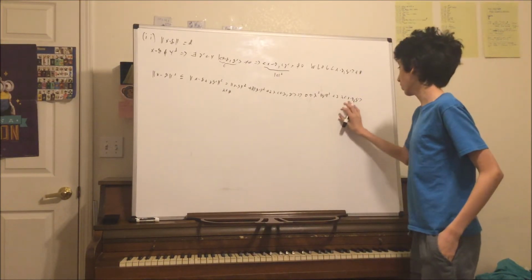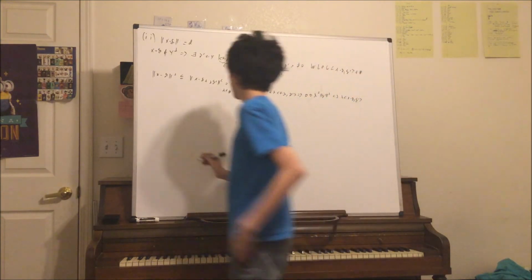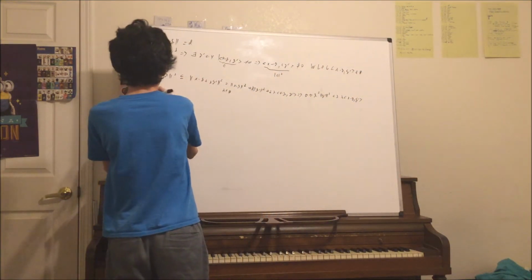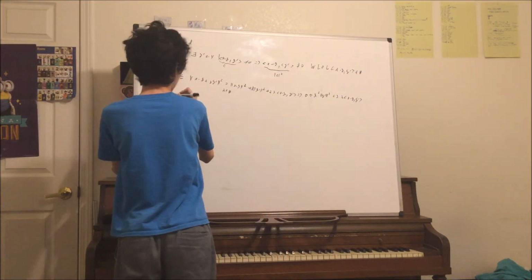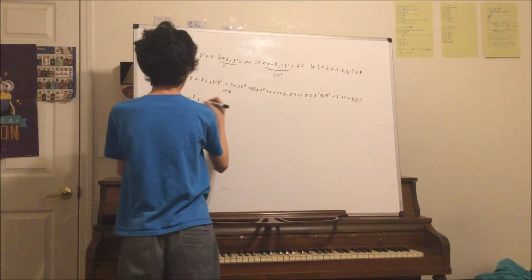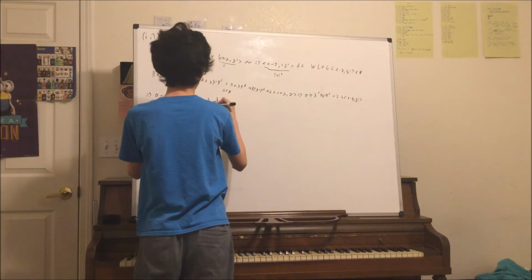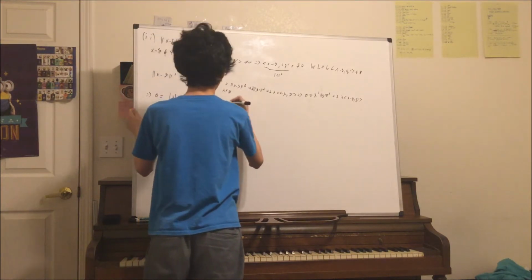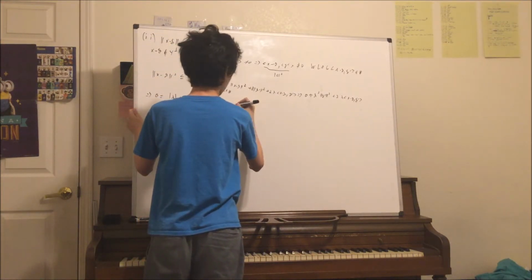Now we will divide by the modulus of lambda. So we get that 0 is less than or equal to the modulus of lambda times the norm of y' squared plus 2 lambda divided by the modulus of lambda times this inner product.